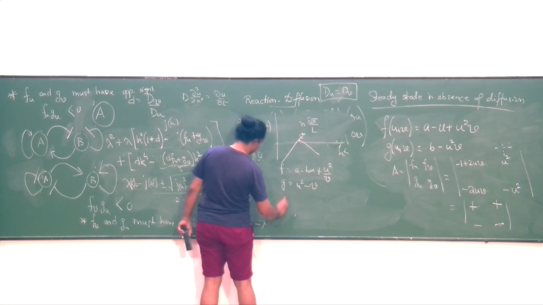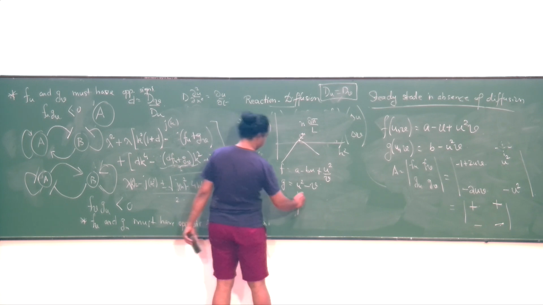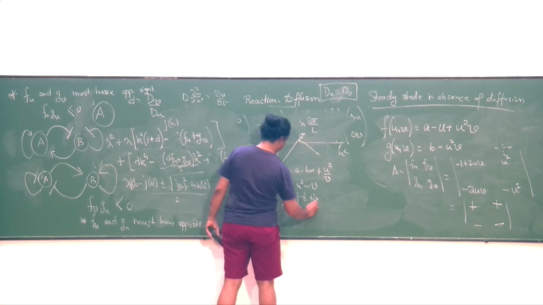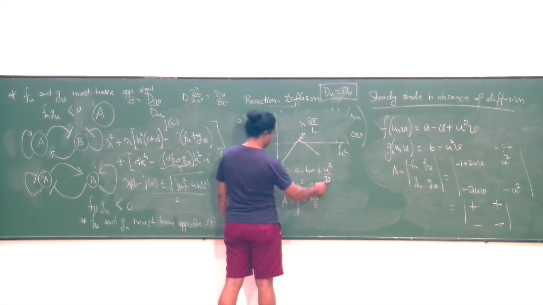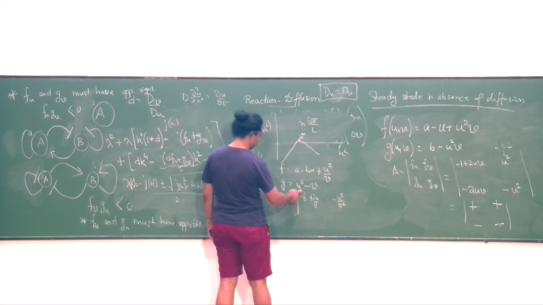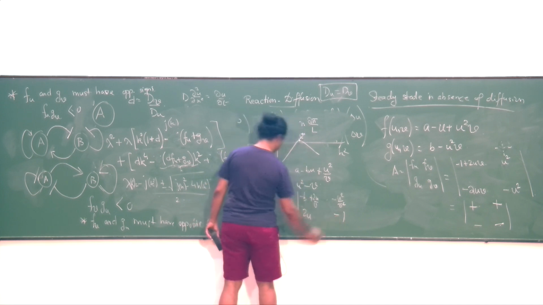So if I construct this stability matrix, A is minus V plus 2U by V, then minus U square by V square, and then 2U, and then minus 1.